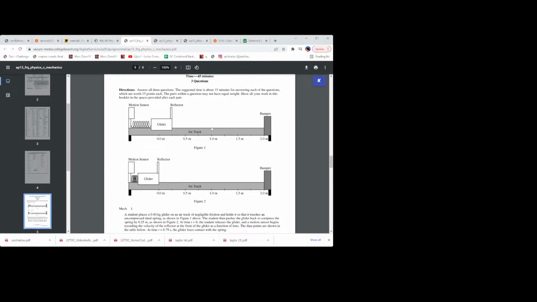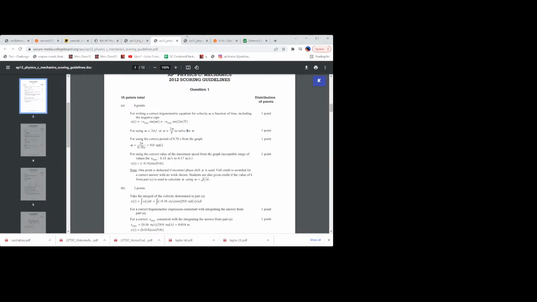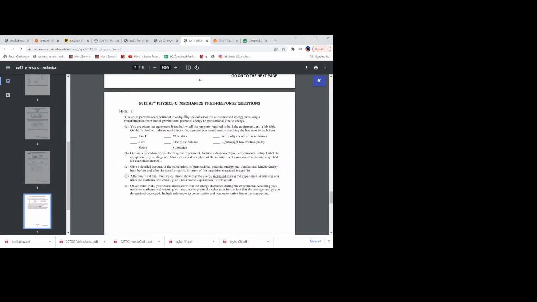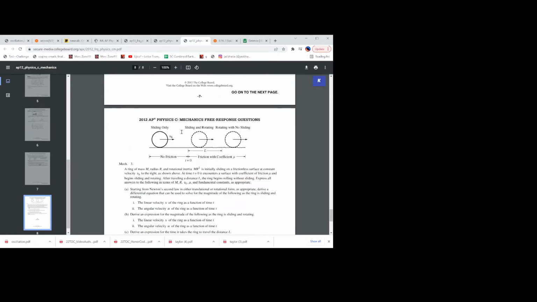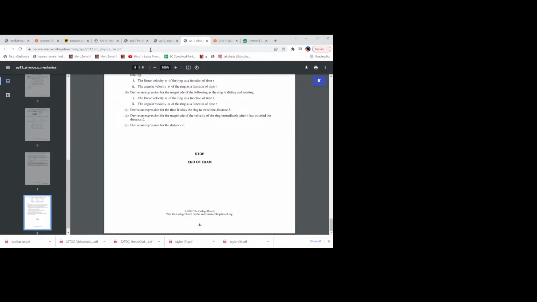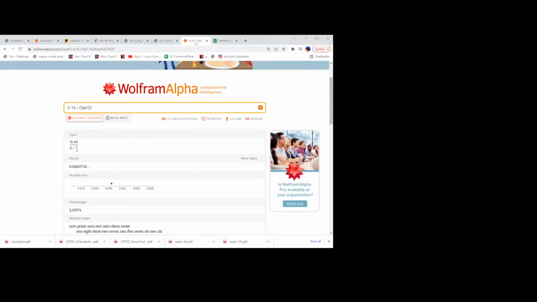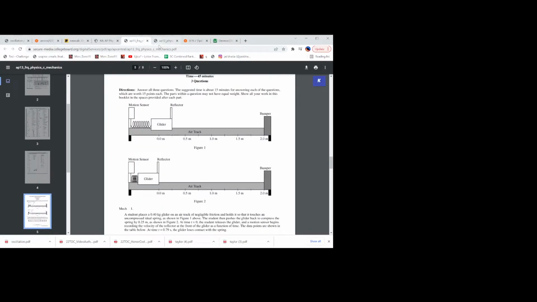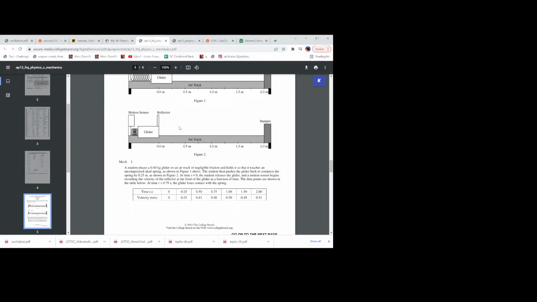Yo, another one? Oh wait, I didn't even check the rest of this one. Hold on. Conservation of mechanical energy. Okay. Presumably there's nothing there for us. Us poor fools. So what is this? What's going on here? Okay. Time, velocity.